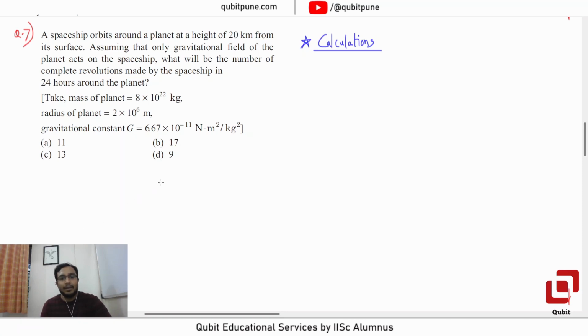Okay. Now, first of all, we can use m r omega squared for centripetal force. m r omega squared is G M m upon r squared, where omega is the angular speed.